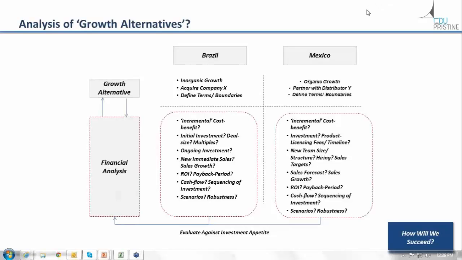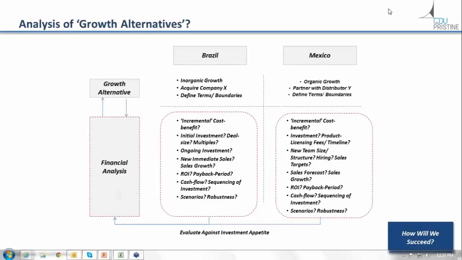So if you look down, after doing all of this analysis, now we are feeling comfortable that we can actually start looking at the numbers. And now we can get into financial modeling and analysis and take all the data that we have collected throughout the process and make some assumptions, set some goals, and see what these growth opportunities will look like.